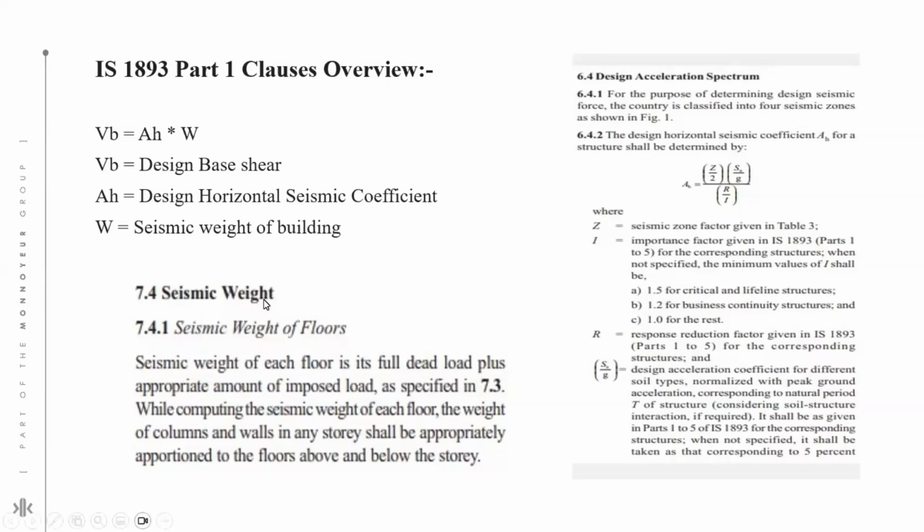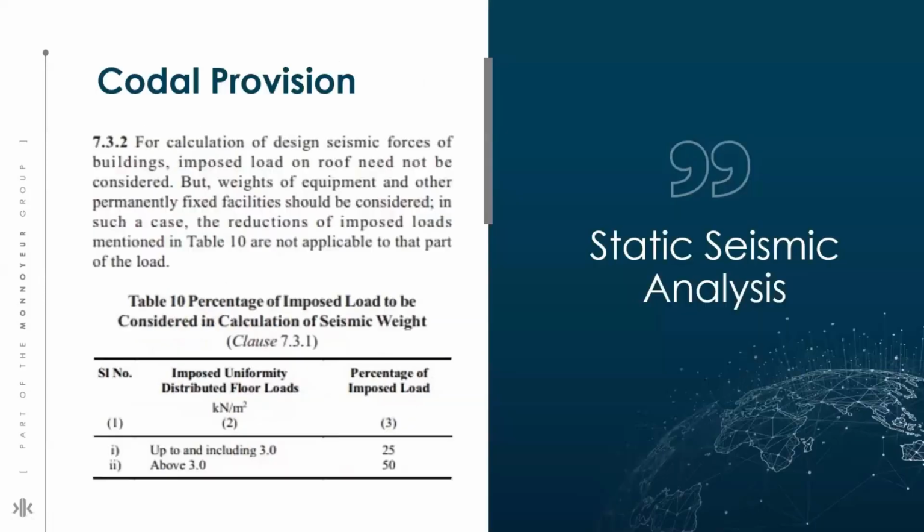And how much of the live load we will consider for seismic weight calculation, we will see. Here you can see the codal provision 7.3.2. If your live load is less than or equal to 3 kilonewton per meter square, then we will consider 25% of live load while calculating our seismic weight.